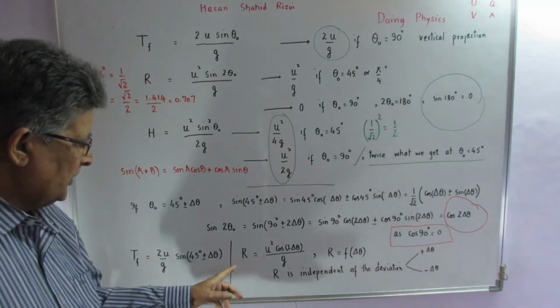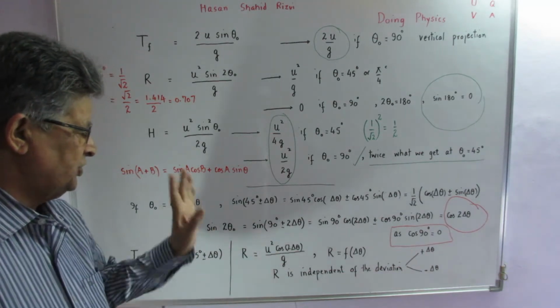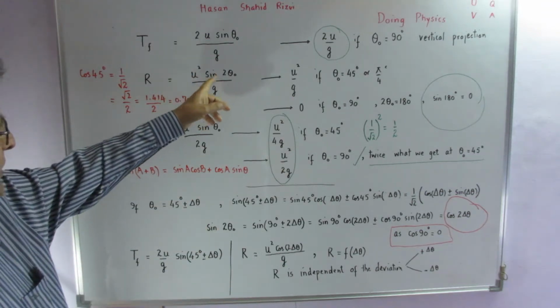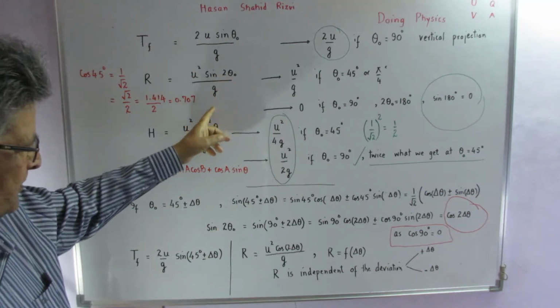Now, what is interesting is the range. The range was u square sine of 2 theta naught divided by g.